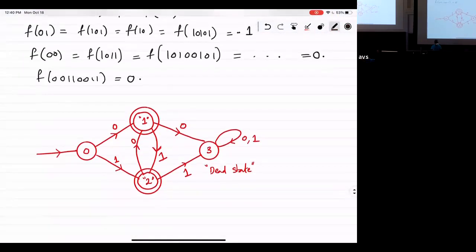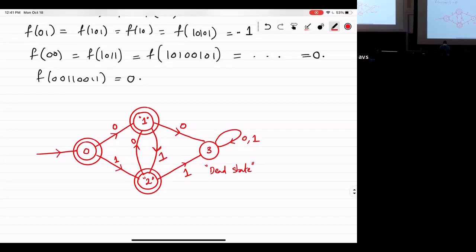If you want the empty string accepted, I just make this a double circle. If I say the empty string is not accepted, then I don't put the double circle on the 0 state.